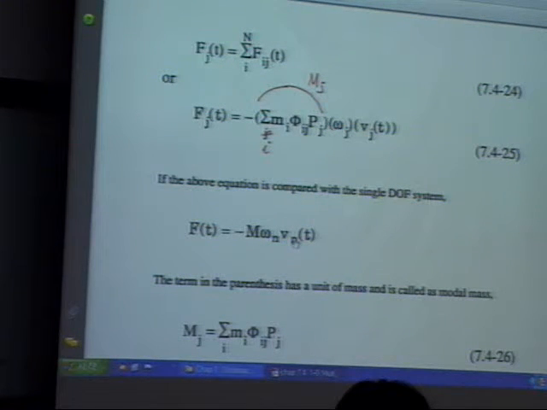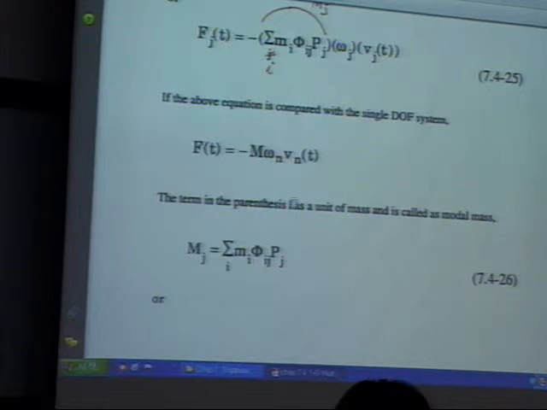That's what you have for a single degree of freedom system. So this is called the jth modal mass.